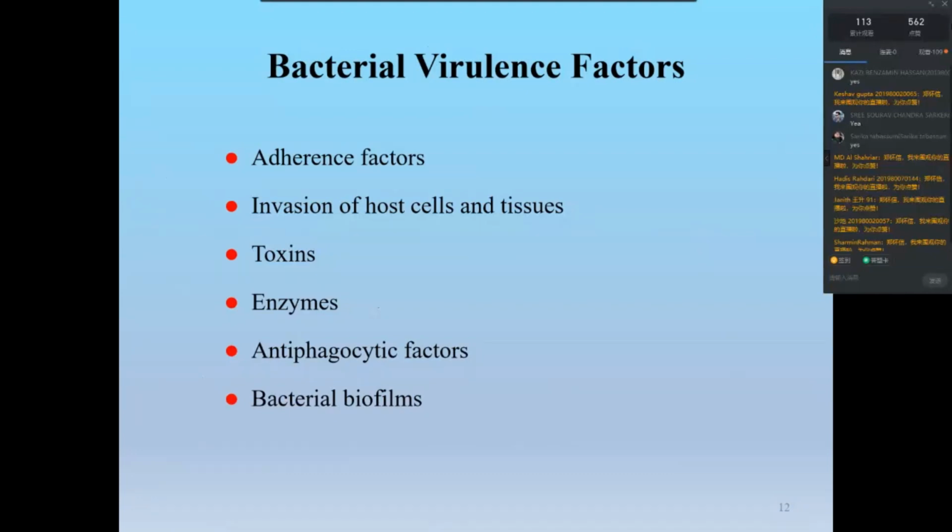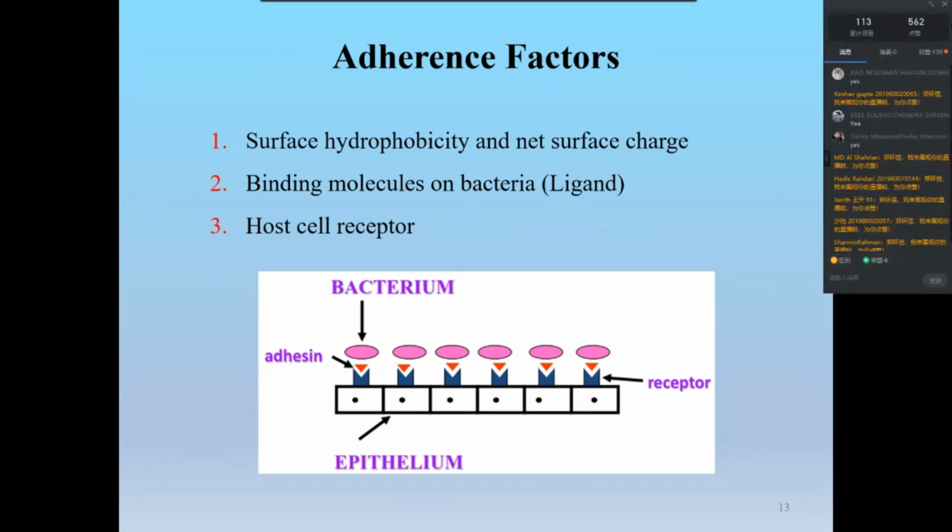The first one is adherence factors. We mentioned just now that to set up an infection, the microorganisms need to get close contact with the host cell. So this we call adherence. This close contact is through either surface hydrophobic force, so the bacterial surface and host cell surface both are hydrophobic, which can push them together.